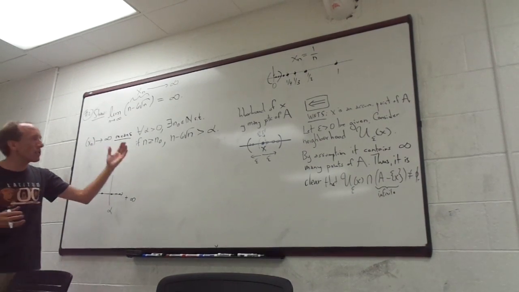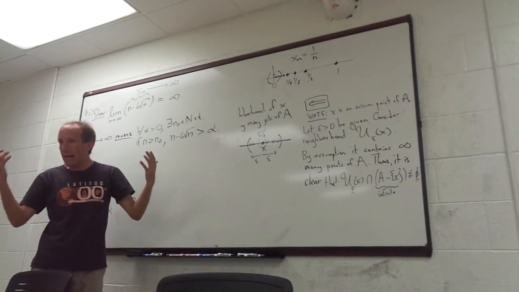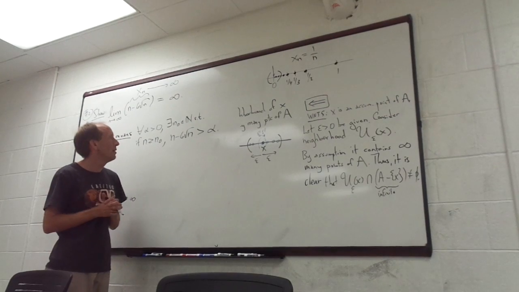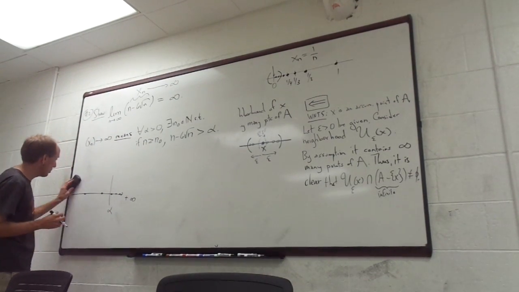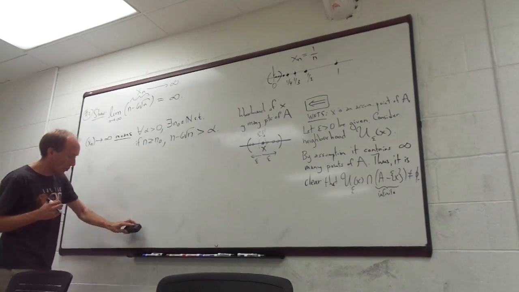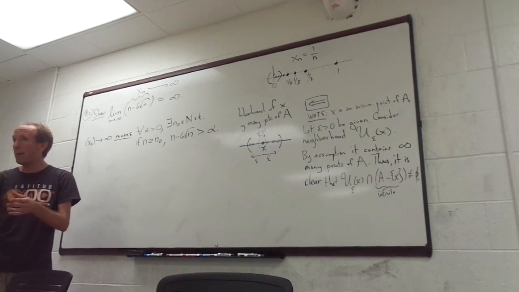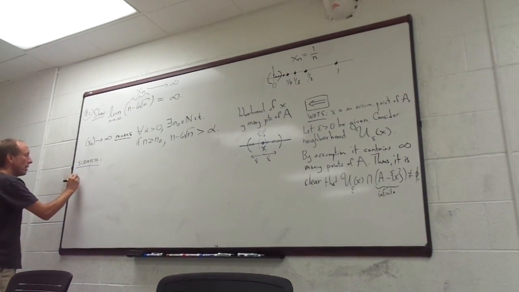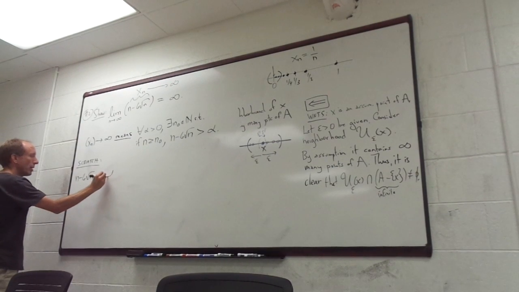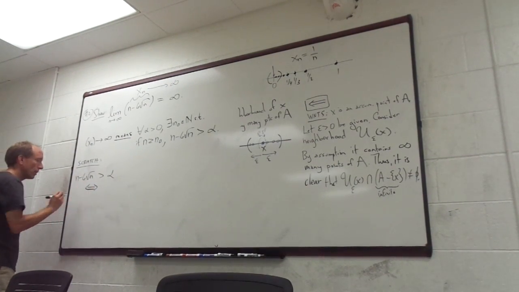So we need to try and solve this for n. Just as we do with our epsilon n naught proofs, some scratch work, thinking backwards, would be a good idea. So n minus 6 radical n greater than alpha, if and only if.